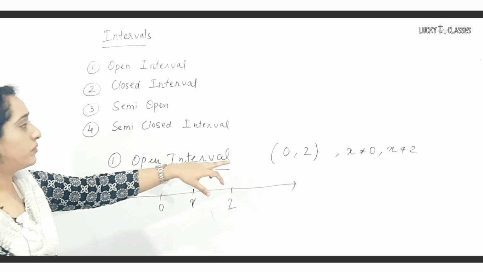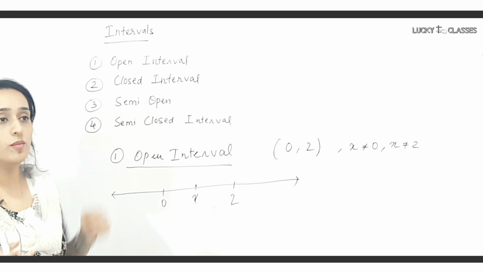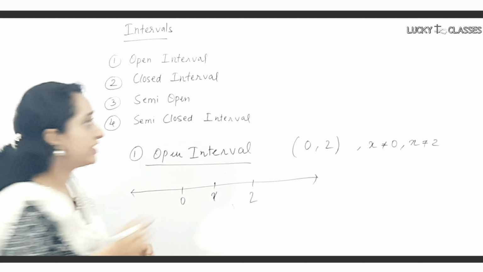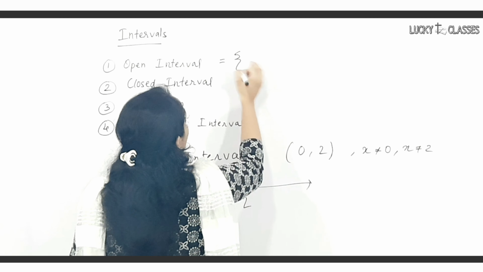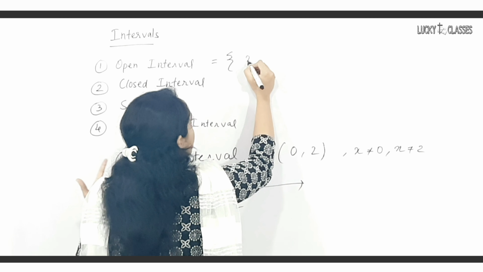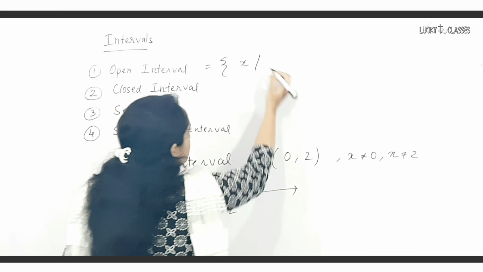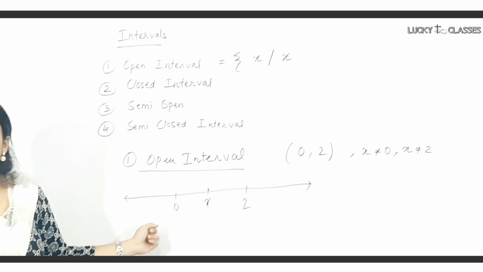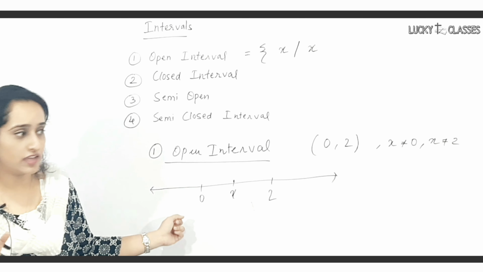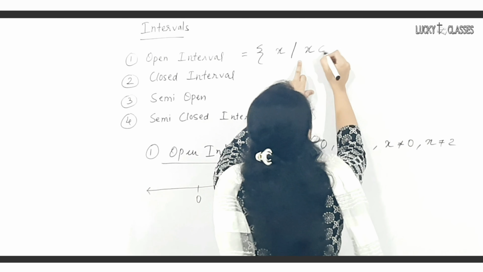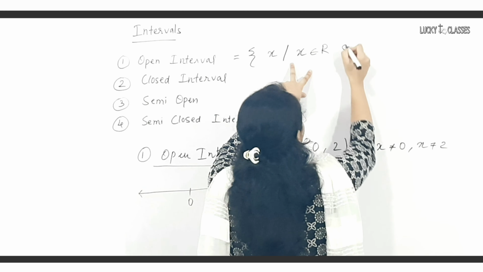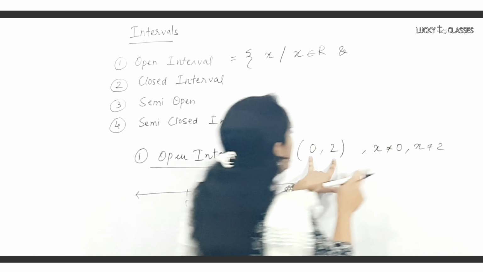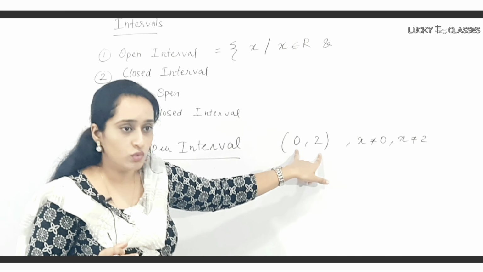If I want to represent this in the form of set builder, okay, set builder method, then how am I going to write this? I'll write it as a set of all x such that x, by the way, this is called as real number line, correct? Real number line. So x belongs to real numbers, and now we are excluding 0 and 2, right?